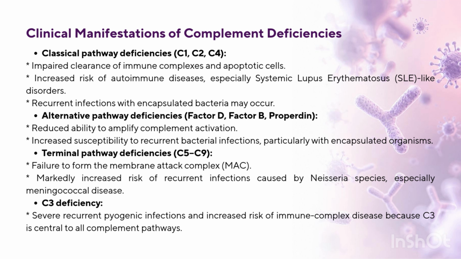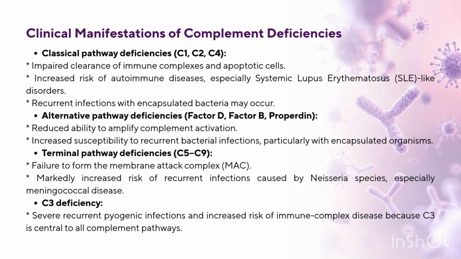Clinical manifestations of complement deficiencies. The clinical manifestations vary depending on which component of the complement system is affected, as we said in the previous slide. First, classical pathway deficiencies, including deficiencies of C1, C2, and C4, impair the clearance of immune complexes and apoptotic cells.